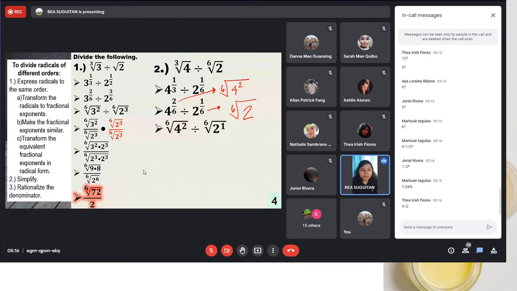So, it will now be written as 6 root of 4 squared divided by 6 root of 2 raised to 1 or simply 6 root of 2. Okay? Okay lang yan na 6 root of 2. Tama din yon. So, let us rationalize. What should we multiply to 2 so that it will become a perfect 6th power? Ano ang exponent nito dito?